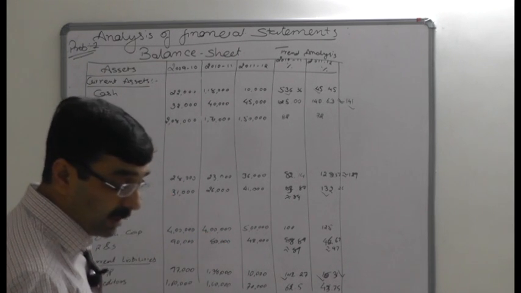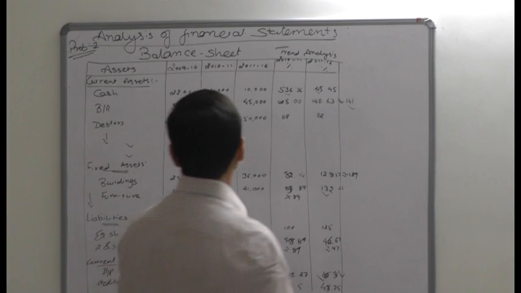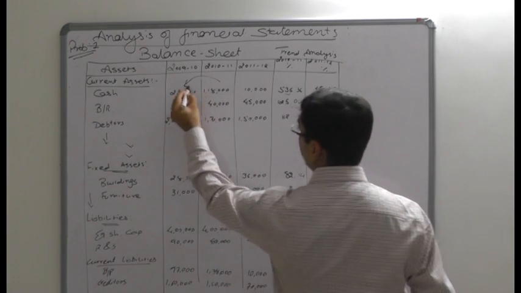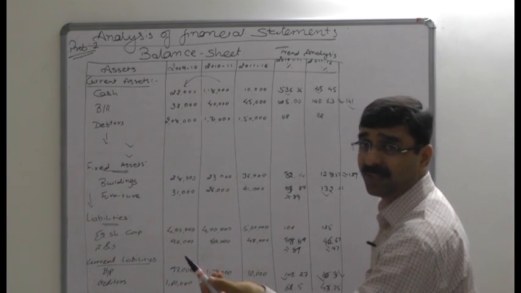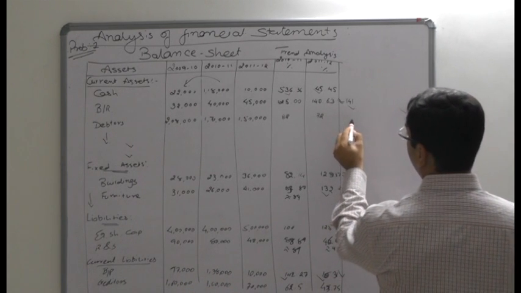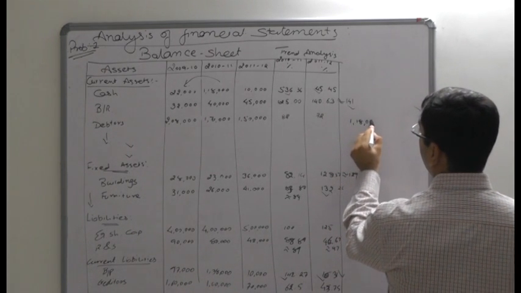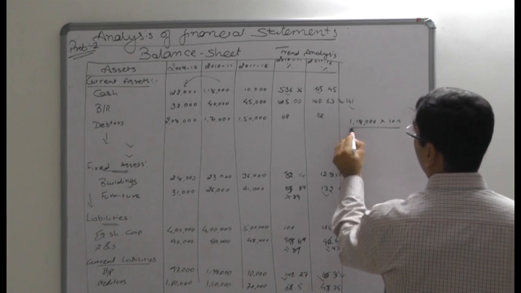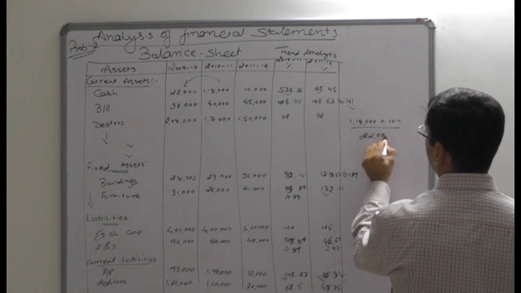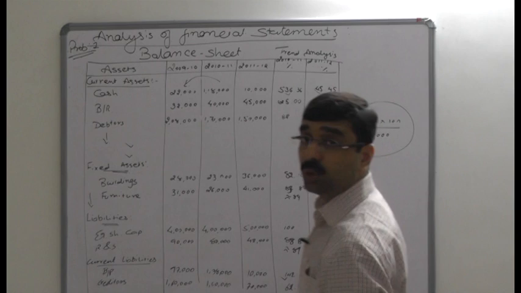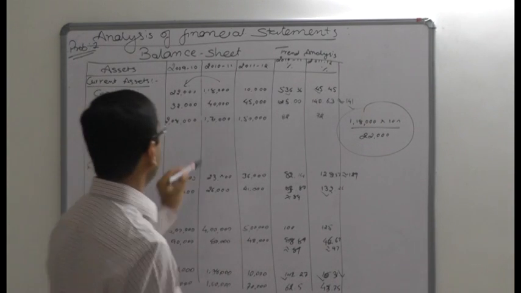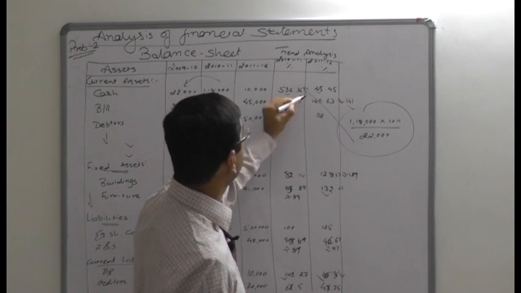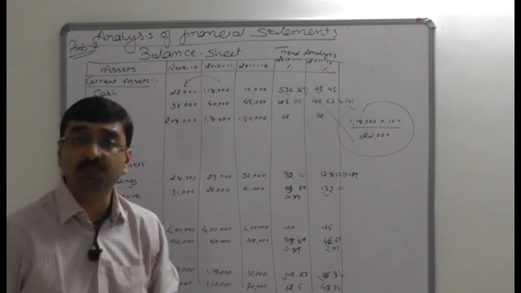Now how would the change be found out? See here, the percentage is very easy to find out. The 1,18,000 in the current year would be compared with the 22,000. This is the way to find out the percentage of change, and that percentage comes to 536.36%.